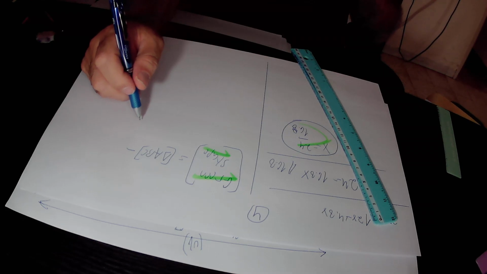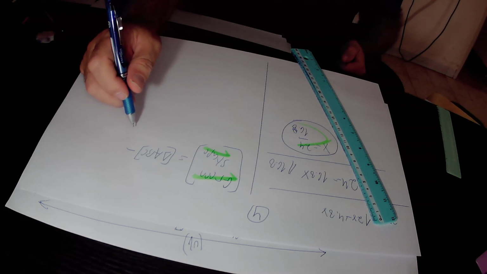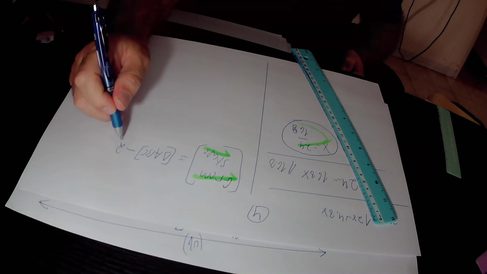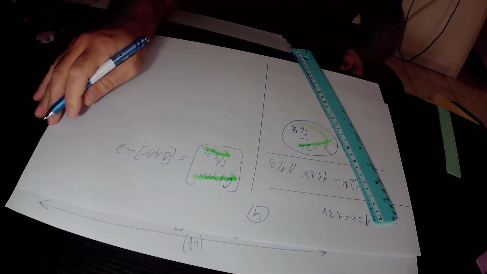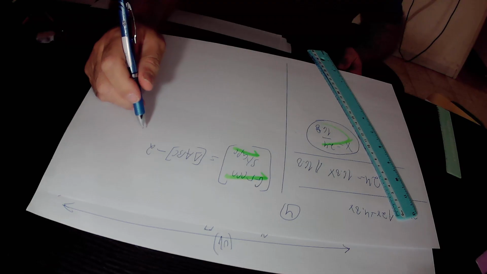The area of the two small circles must be 2 times the area of one circle, because they are identical, and the area of one circle equals pi x squared.